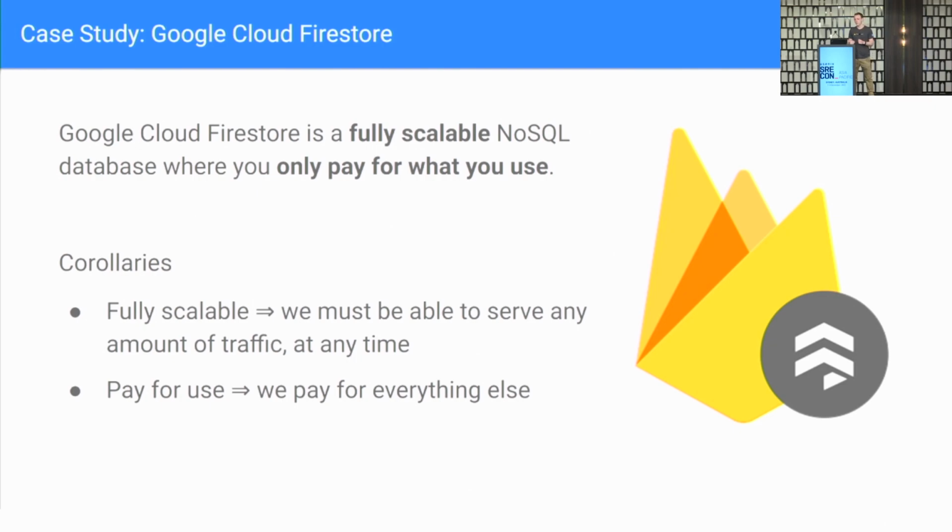We are paying for it, which means that we have idle servers sitting there running, waiting for load to come in. We're paying for that, and that means we are interested in increasing the efficiency of those servers and running less of them. So if you are running a service that has variable workloads where you don't know exactly how much load you're going to have ahead of time, and you're paying for your own resources, then these lessons will probably apply to you too.